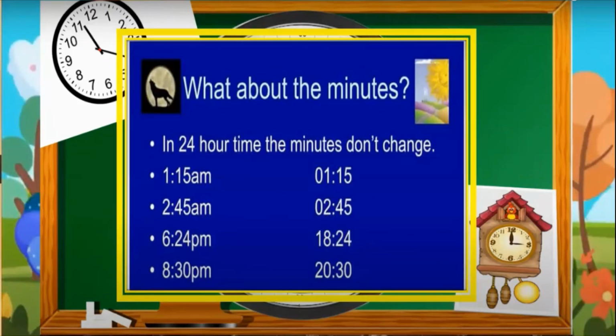For the 12-hour system, we have 6:24 p.m. For the 24-hour clock system, we have 1824 hour. And for the 12-hour system, we have 8:30 p.m. And for the 24-hour clock system, we have 2030 hour.